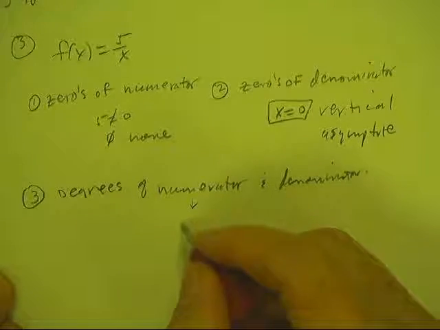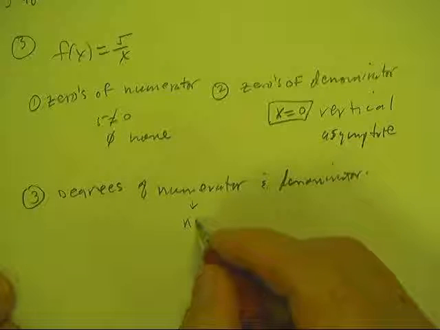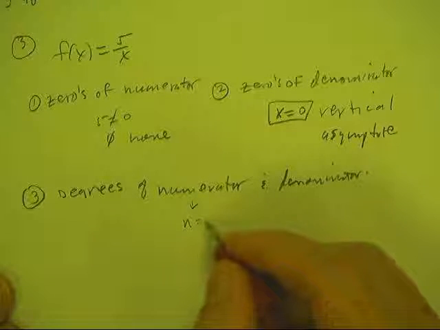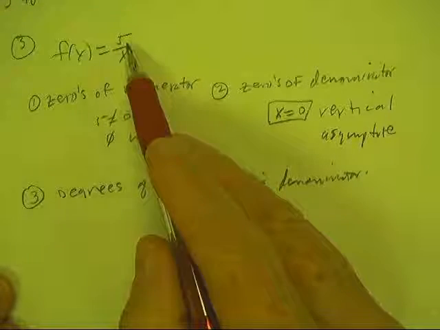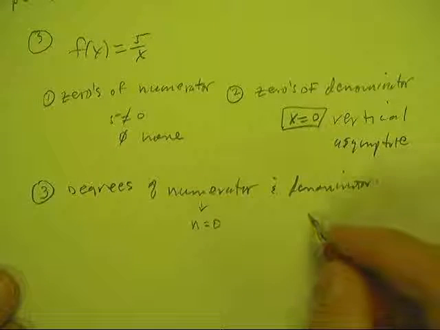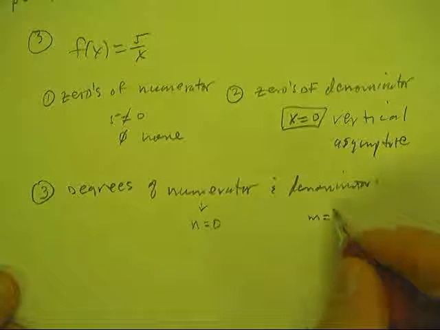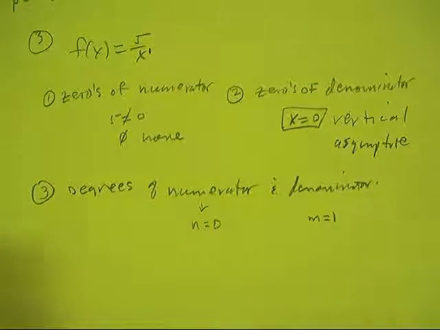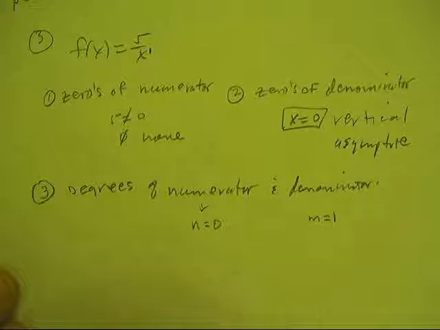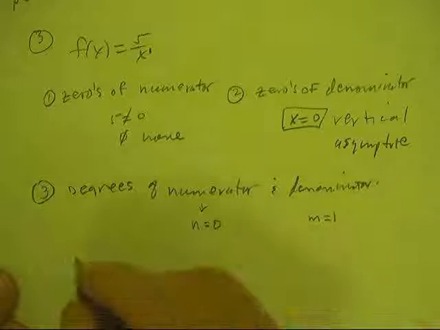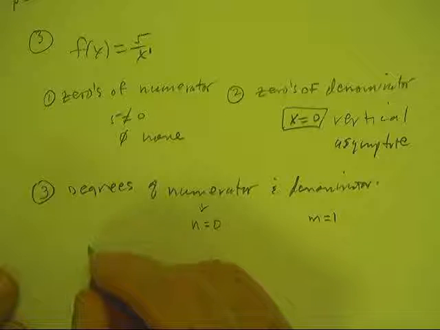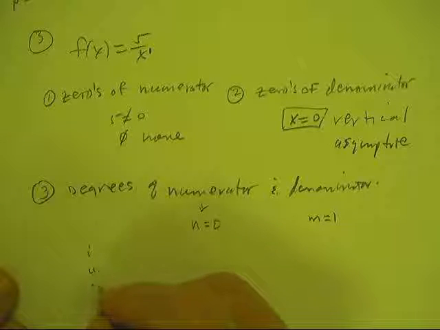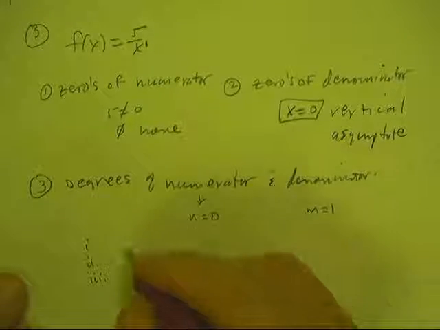Okay, so the degree of the numerator we're going to call n. And look, there's no degree because there's no variable up there. And for the denominator, we'll call it m, and m is 1 because the power of x is 1 right there. Okay, and so then there's 3 things that can happen.